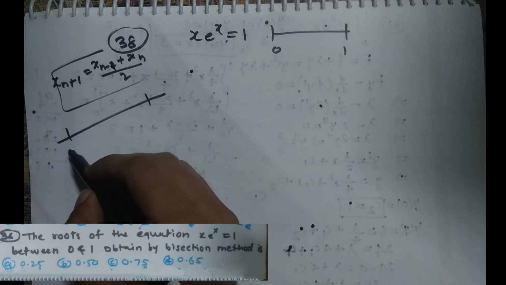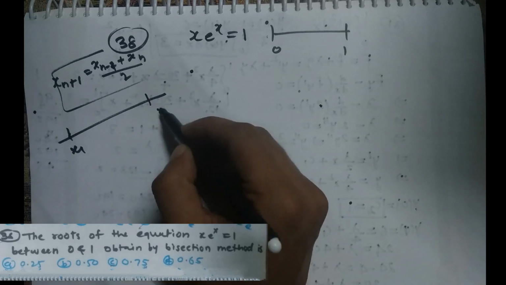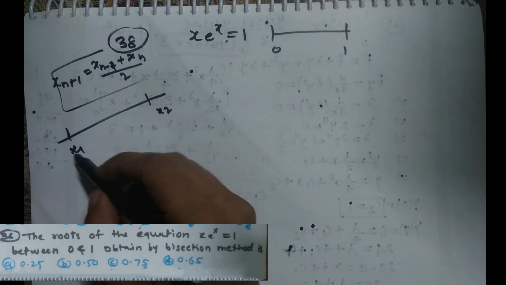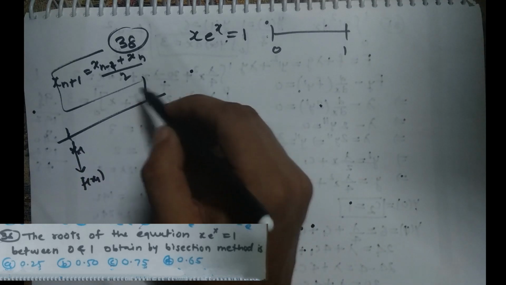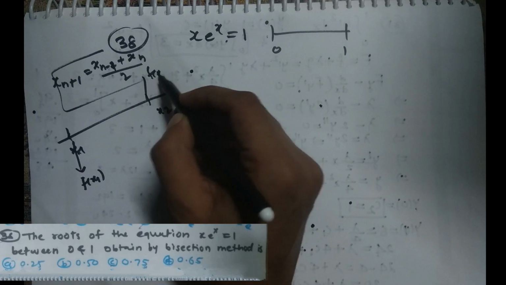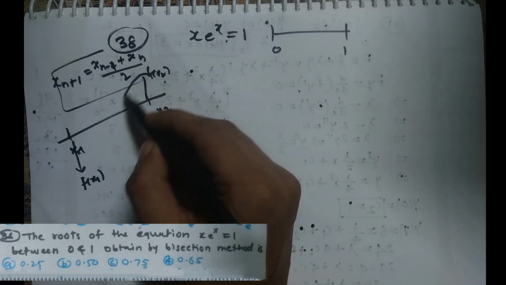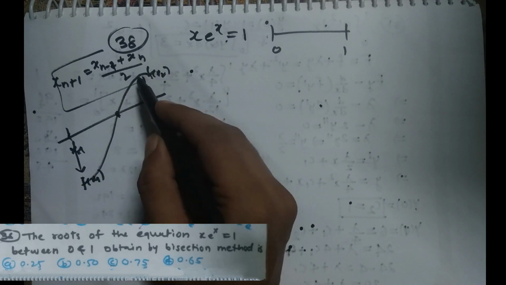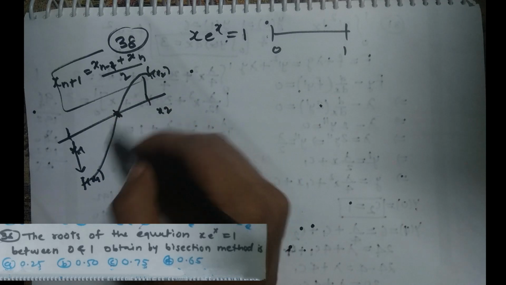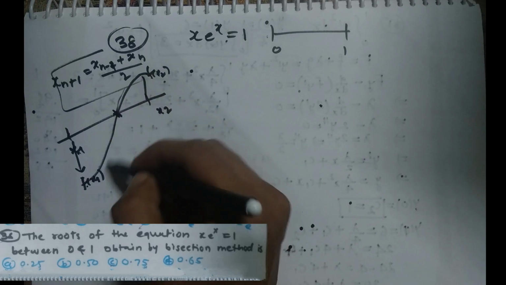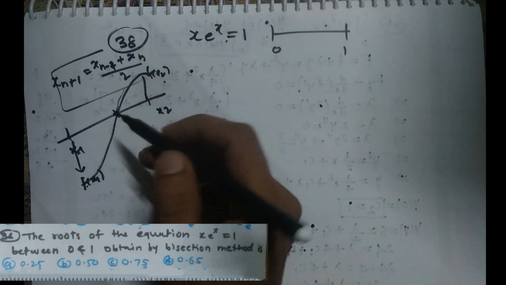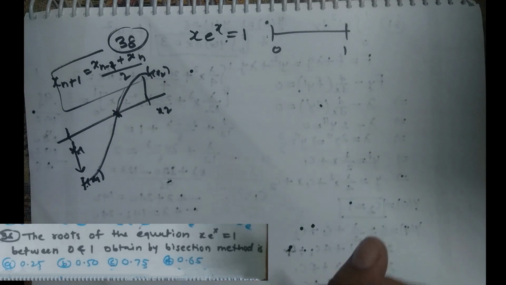Suppose this is my x1 and x2, and the image of the function at x1 is f of x1, negative, and the image at x2 is f of x2, positive, and suppose my function is continuous. Then my function intersects the x-axis at least once. Means what? If my images at two distinct points differ in sign, then there exists at least one root between both the points. So this is the idea of the bisection method.